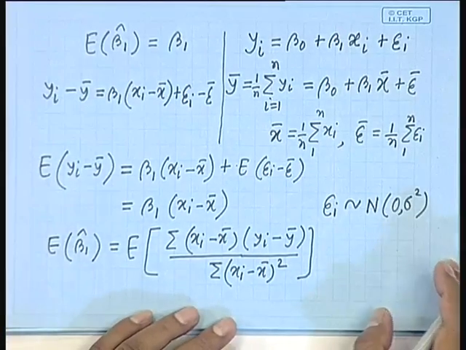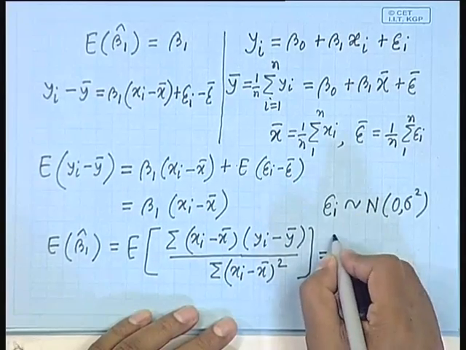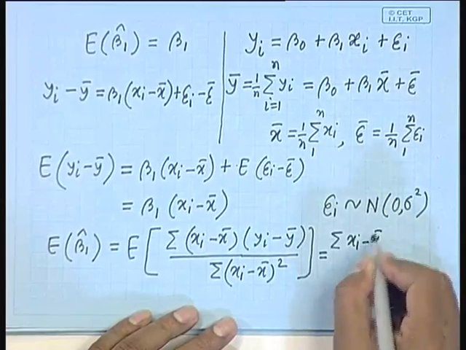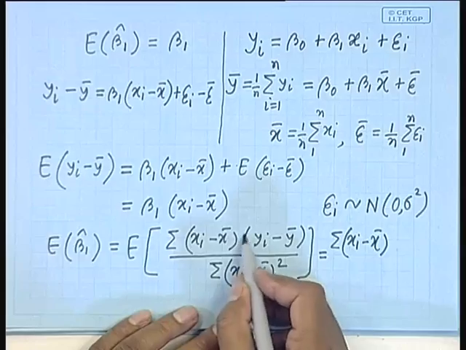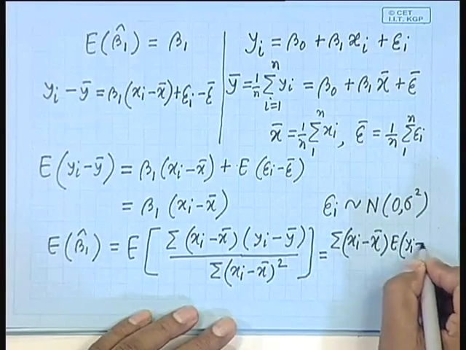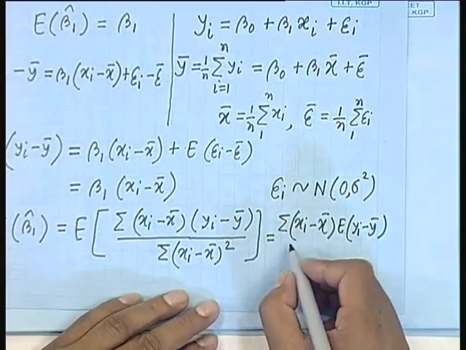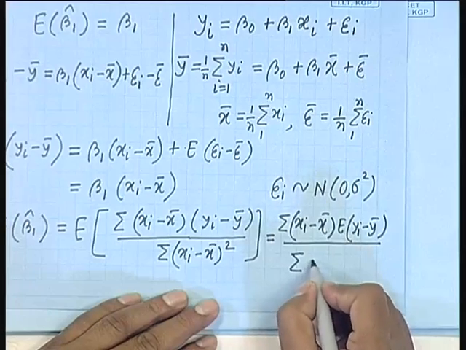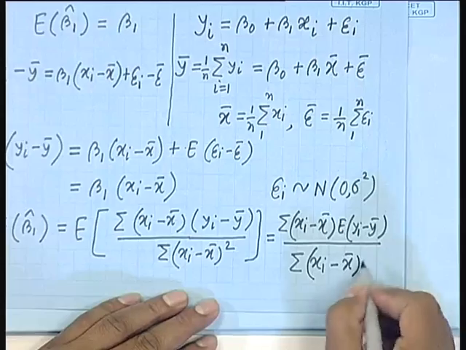So, this one is nothing but summation xi minus x bar into expectation of yi minus y bar by summation xi minus x bar whole square.